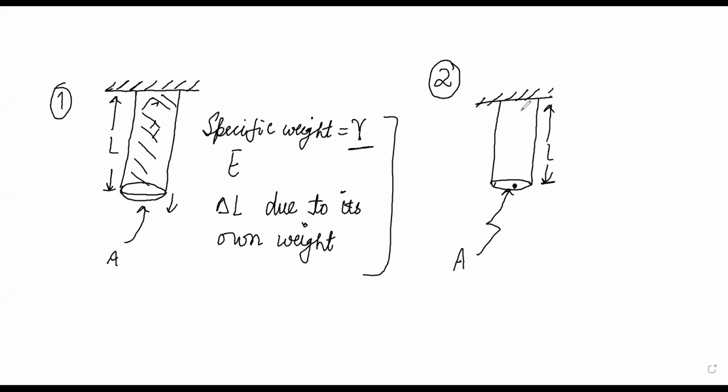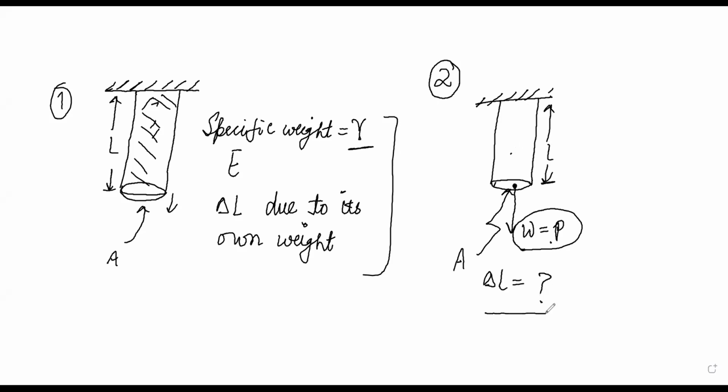Now don't consider its weight. We will not consider the deformation because of its weight, but it is subjected to a load W, which is equal to its gravitational weight. The question is, we have a rod subjected to a load which is equal to its weight. How much is the change in length?